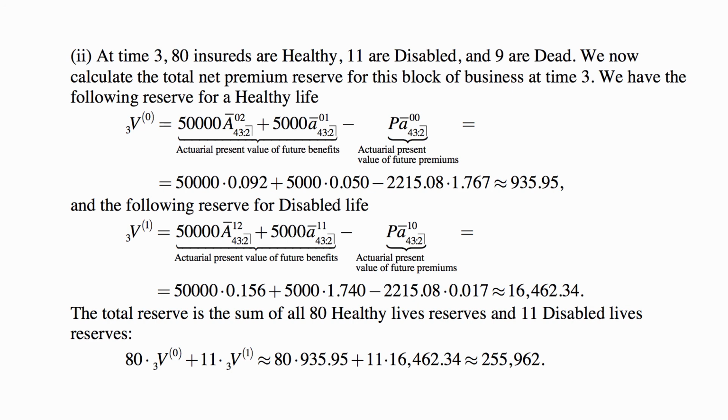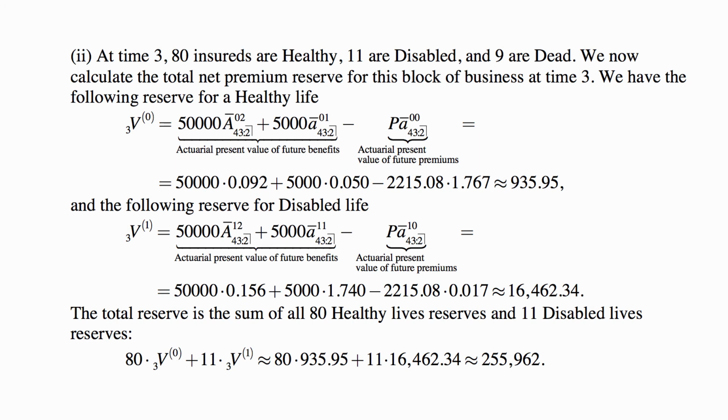So all of these life insurance and annuity factors values are given in the problem in a little table with data. We plug them in, and we get what you see here, which is 935.95. Then the reserve for disabled life, one of single life, is, well, 50,000 death benefit, and you can see that 1, 2 superscript indicate that the person is disabled now, and the payment is made the moment the person transitions into state 2.